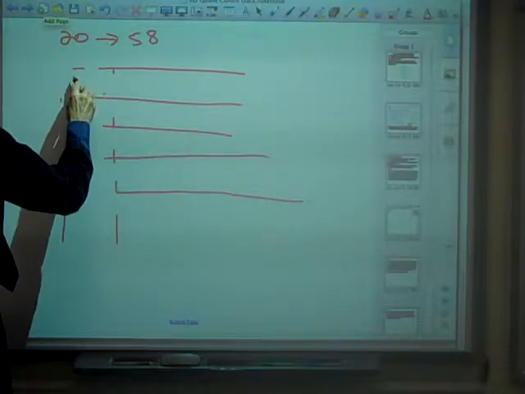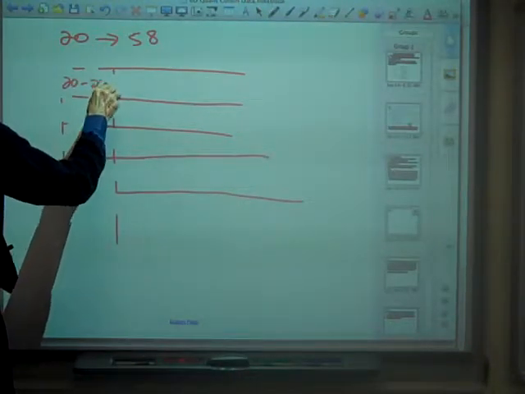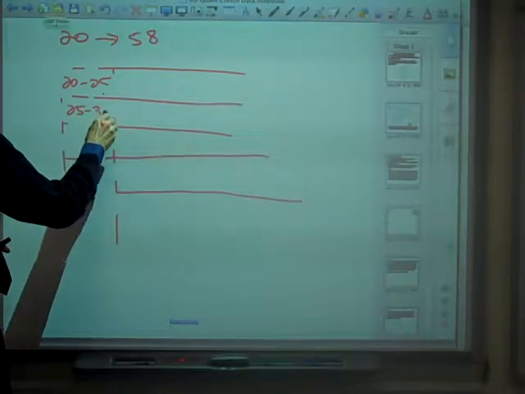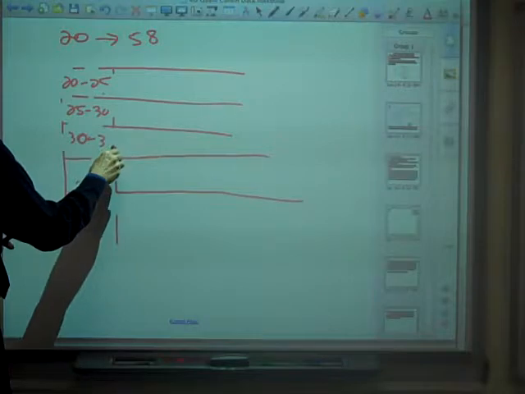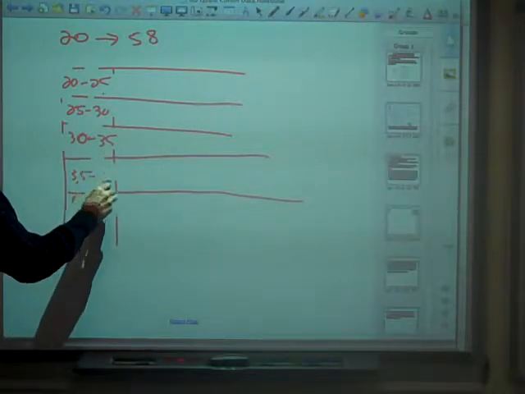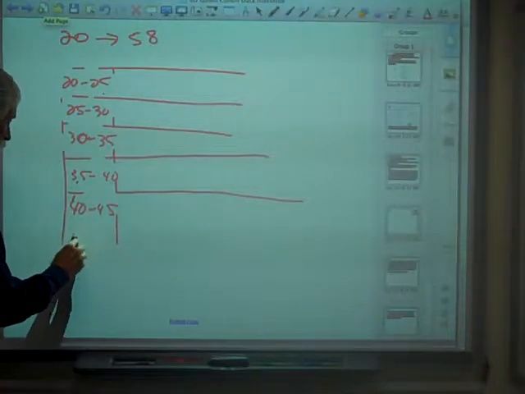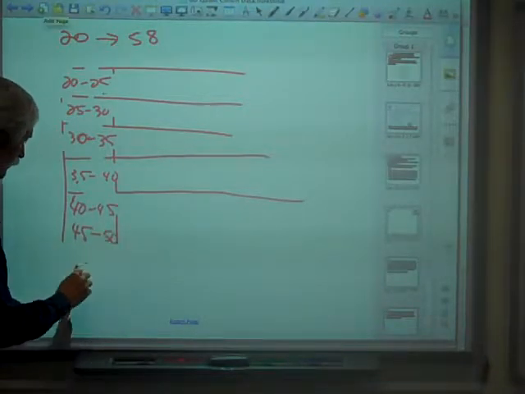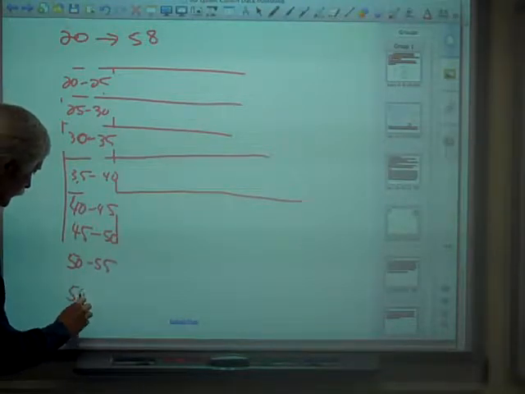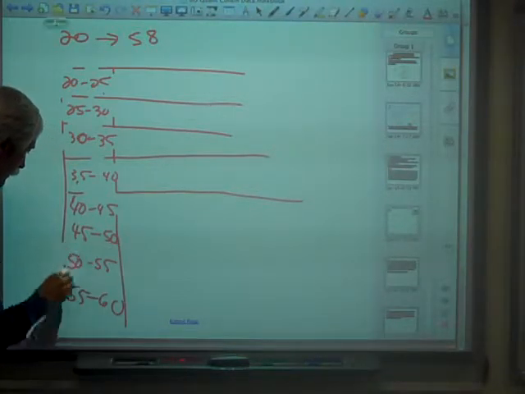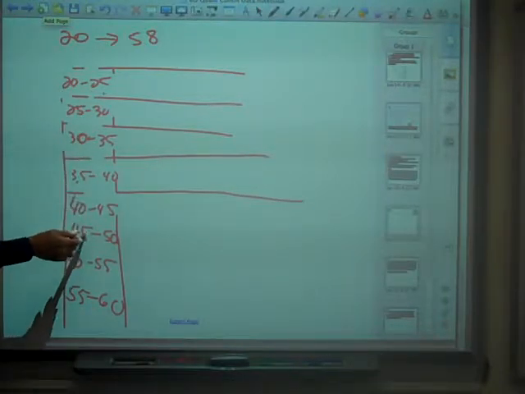20 to 25, 25 to 30, 30 to 35. So how many did we get? 1, 2, 3, 4, 5, 6, 7, 8.